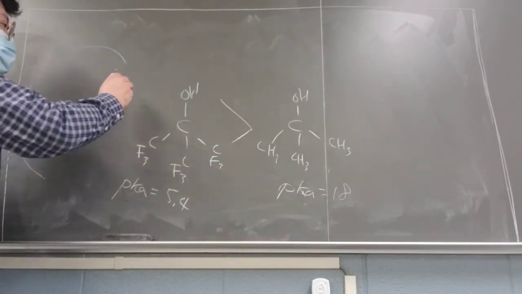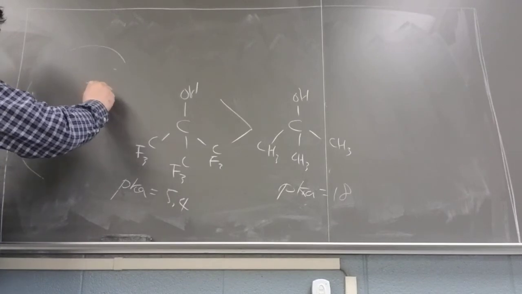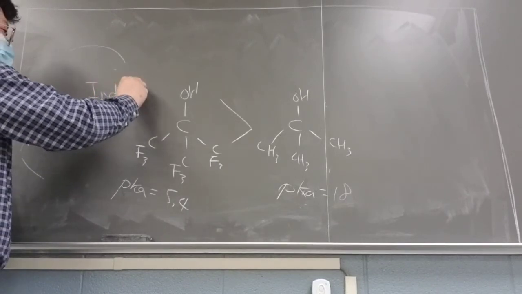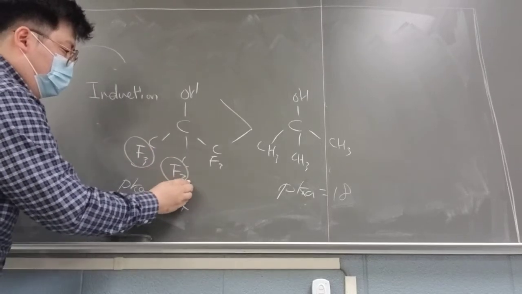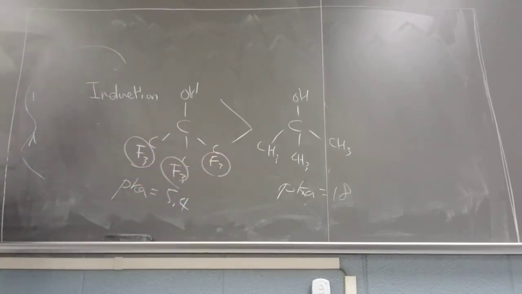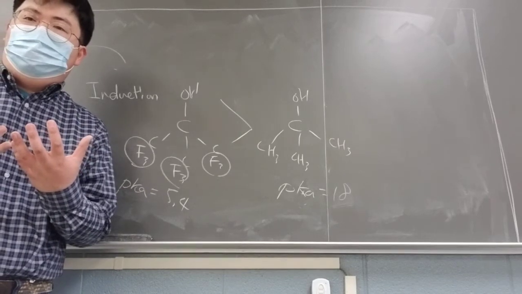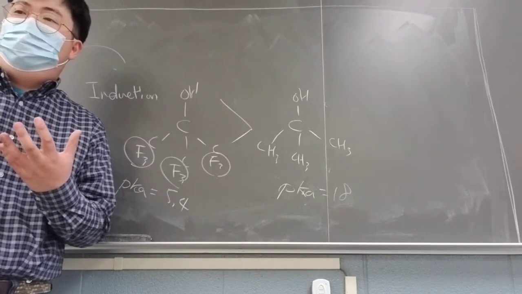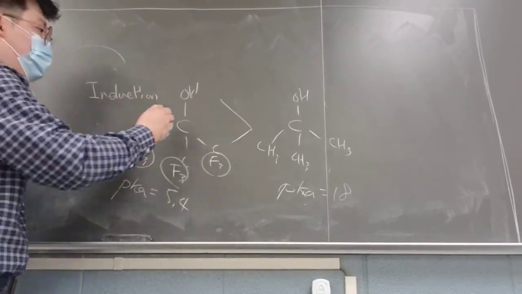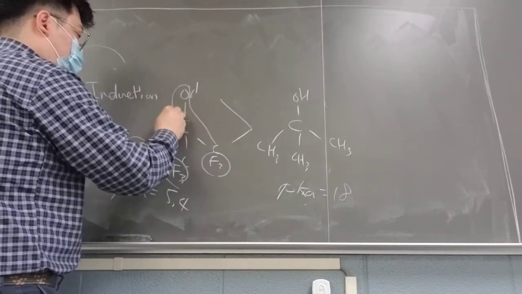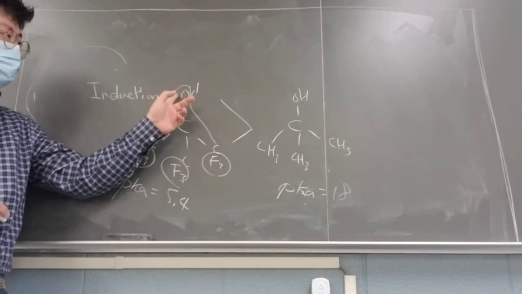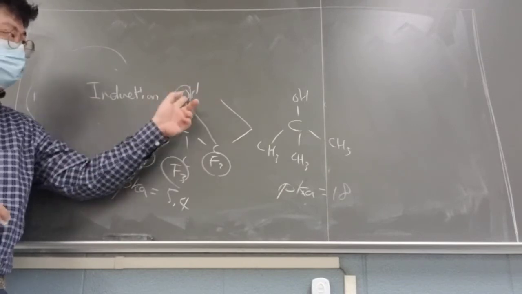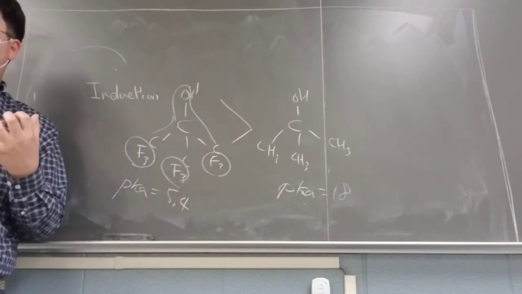So this is what we call the inductive effect, or induction. This is pretty much because of the fluoride groups on this carbon that create a very strong attractive force on the electrons on this part over here. That makes this oxygen in the hydroxy group much stronger at pulling the electrons.